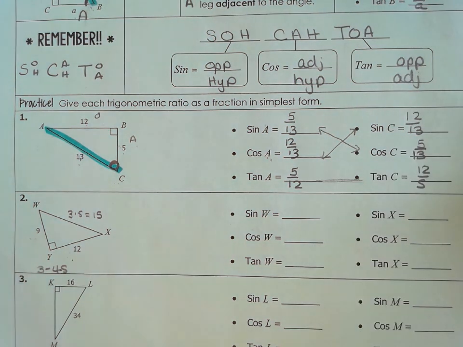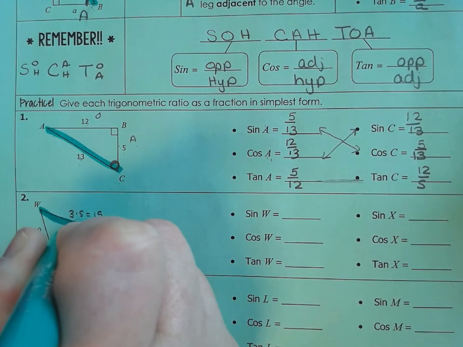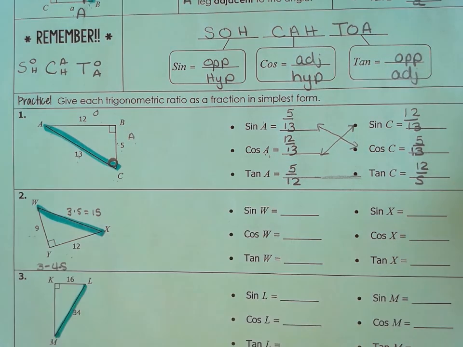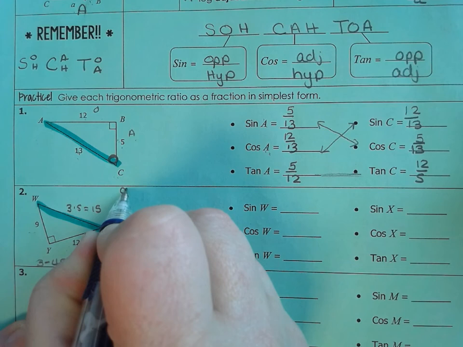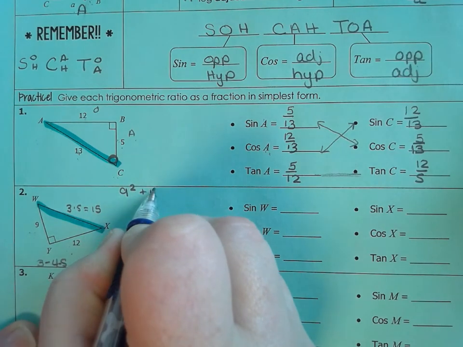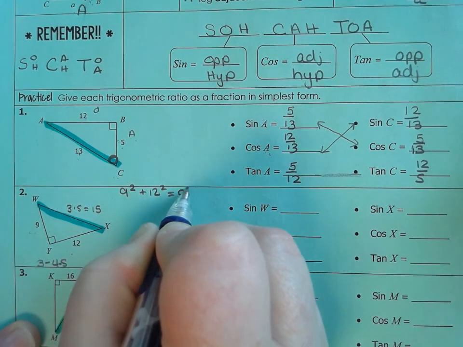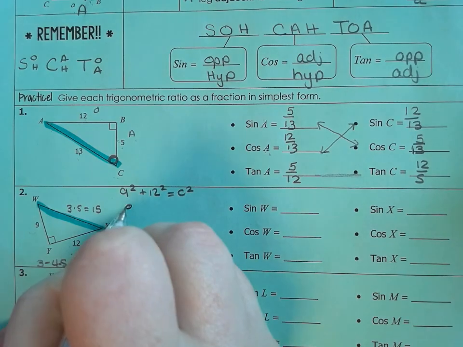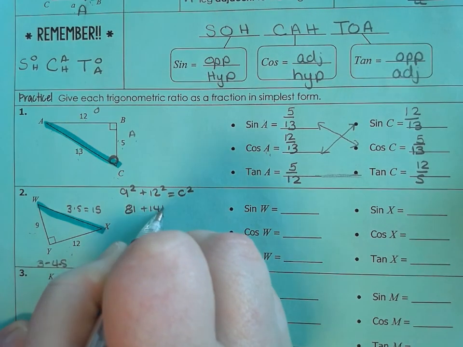Okay, so again, what I do is I always highlight the hypotenuse because no matter what, that's not going to change. But if you didn't recognize this Pythagorean triple, you could always just do 9 squared plus 12 squared is equal to c squared. So that's 81 plus 144 is equal to c squared.